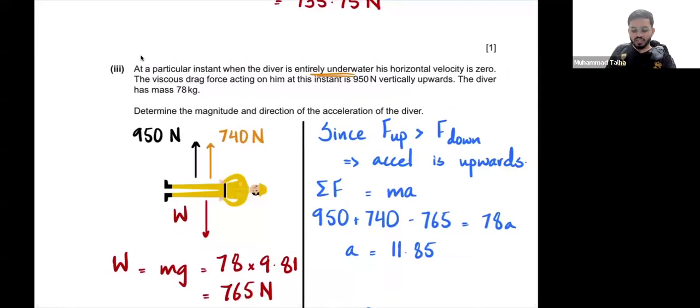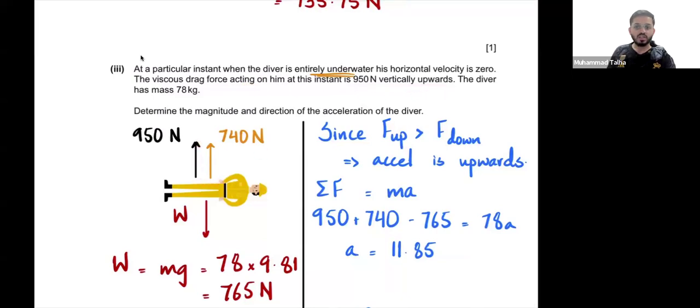At a particular instant when the diver is entirely underwater, his horizontal velocity is zero, right? So horizontal velocity is zero, it's at rest. He's just going to be moving vertically. Viscous drag force acting on him at this instant is 950 Newton vertically upwards.